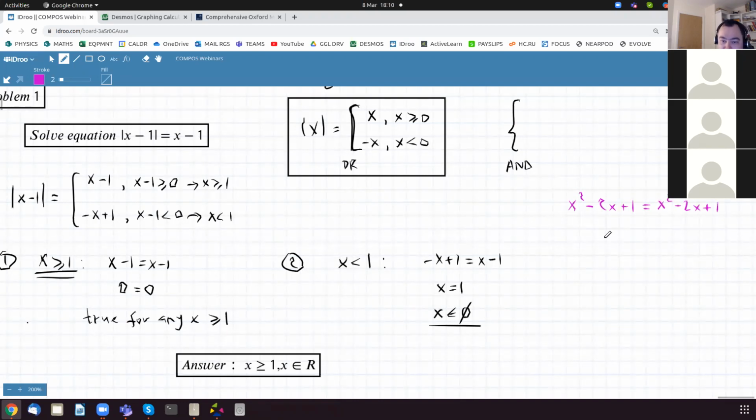They cancel out and you get 0 equals 0. So x is any number. But that's not true. X is not any number, because this does not hold when x is less than 1. Yeah, so the equation is true for any number from 1 and up.